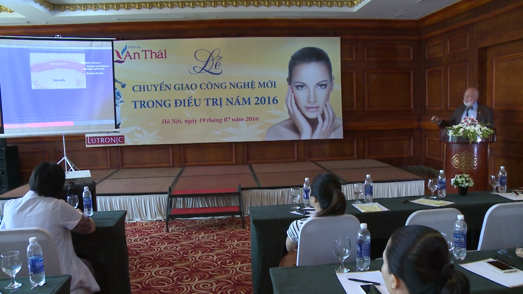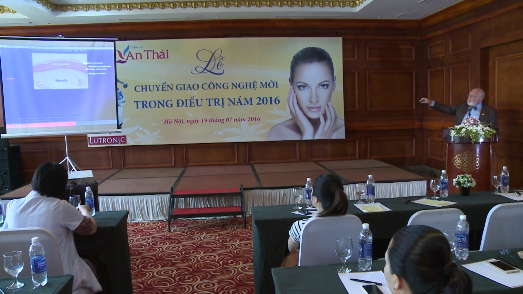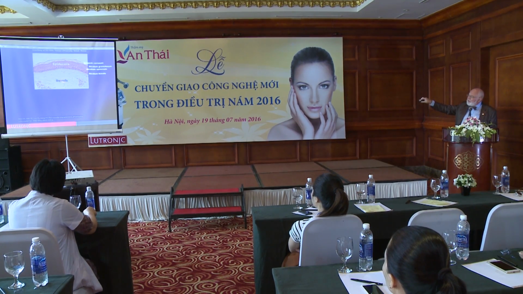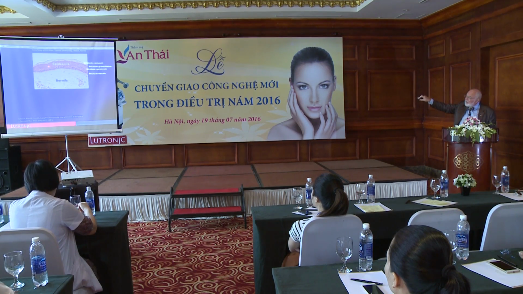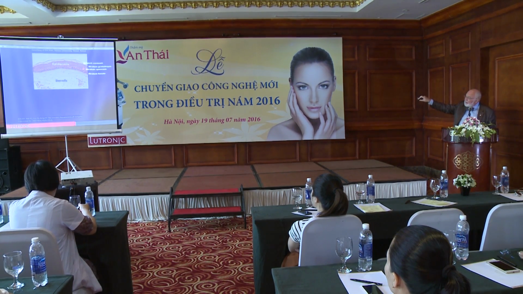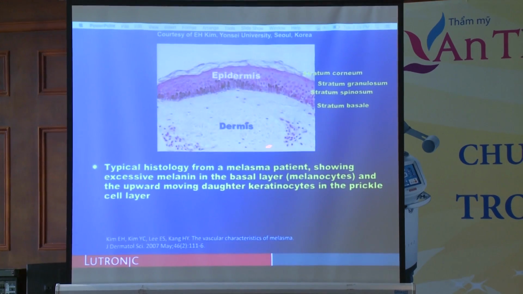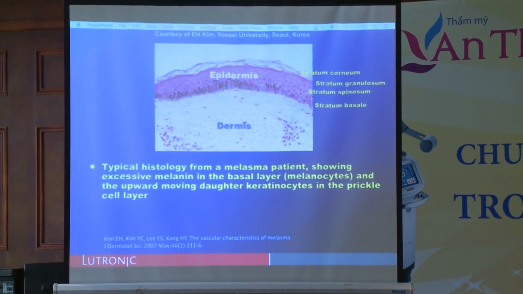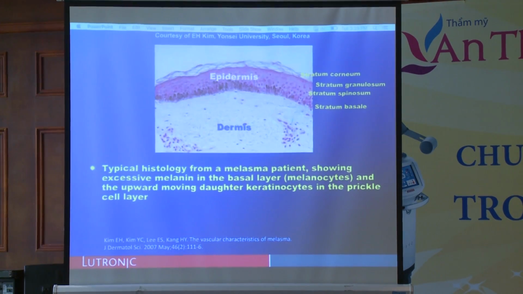Melasma, unfortunately, is not only a melanin pigment problem. Again, this is the skin. Here we have the epidermis, stratum corneum, and down here we have the dermis. And here you can see abnormal melanin all the way along here. Down here in the dermis, you can actually see unusual blood vessels. And this is very often the problem with melasma.